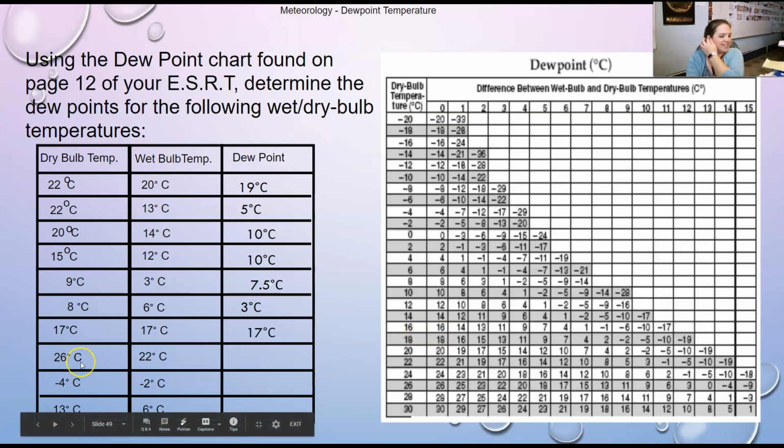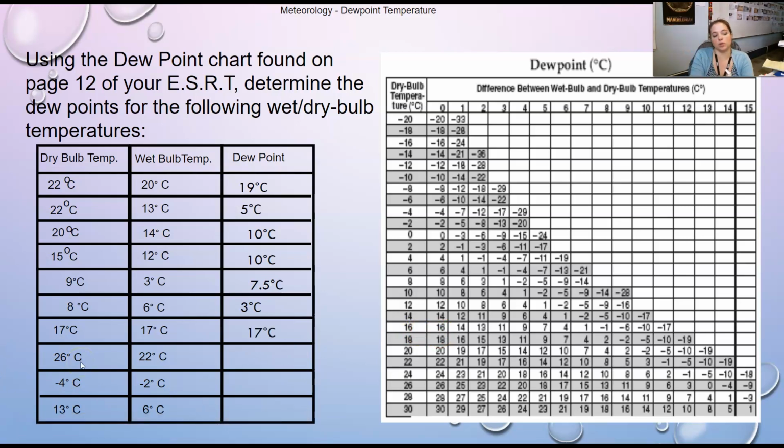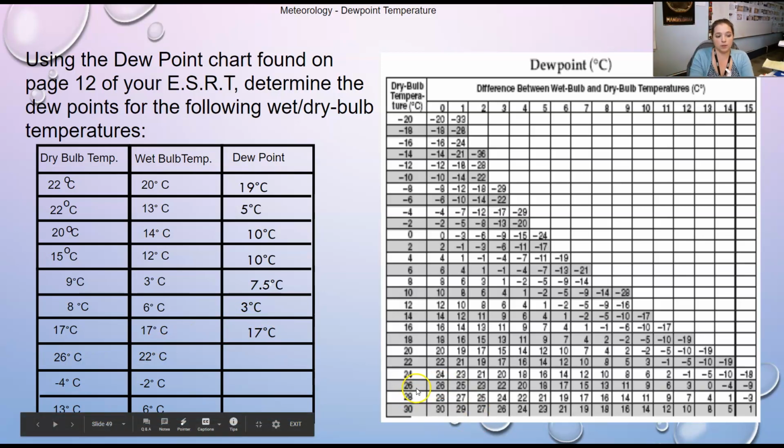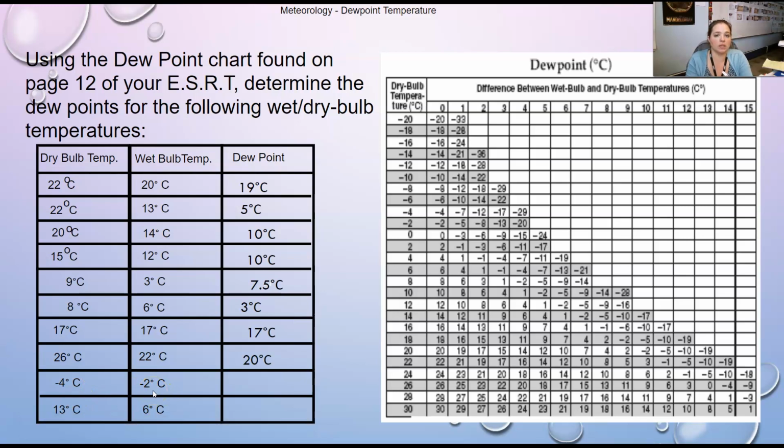My favorite ones. Okay, so 26 and 22, there's a 4 degree difference. 26 and 0, 1, 2, 3, 4 is a 20. -4 and -2, here's where it gets tricky. You just have to figure out the difference between the two numbers. 4 and 2, there's a 2 degree difference.